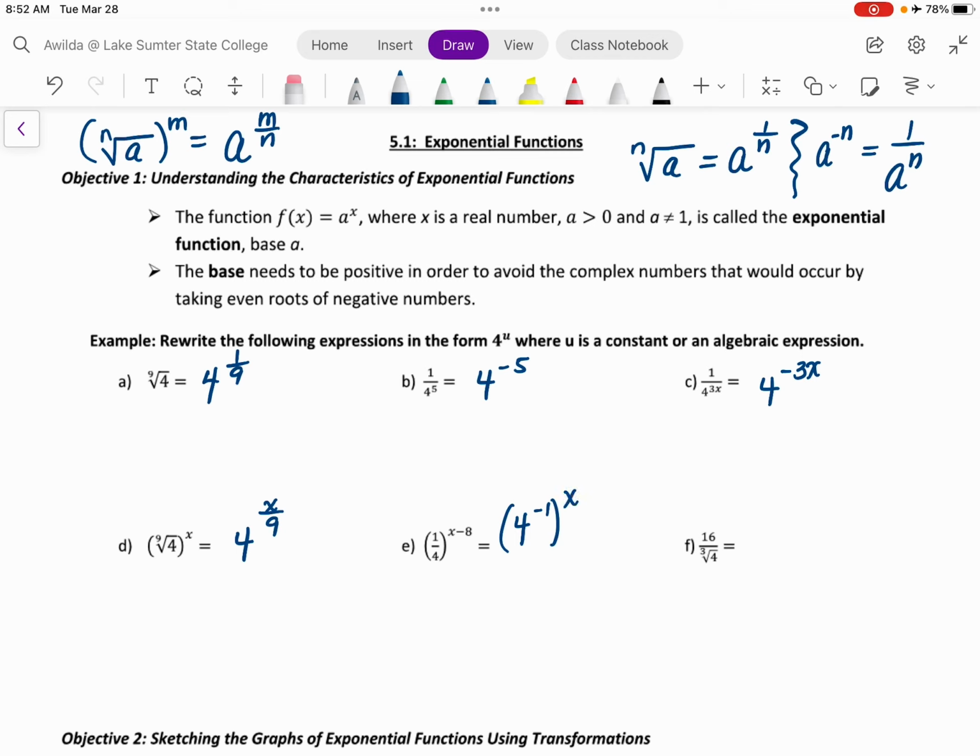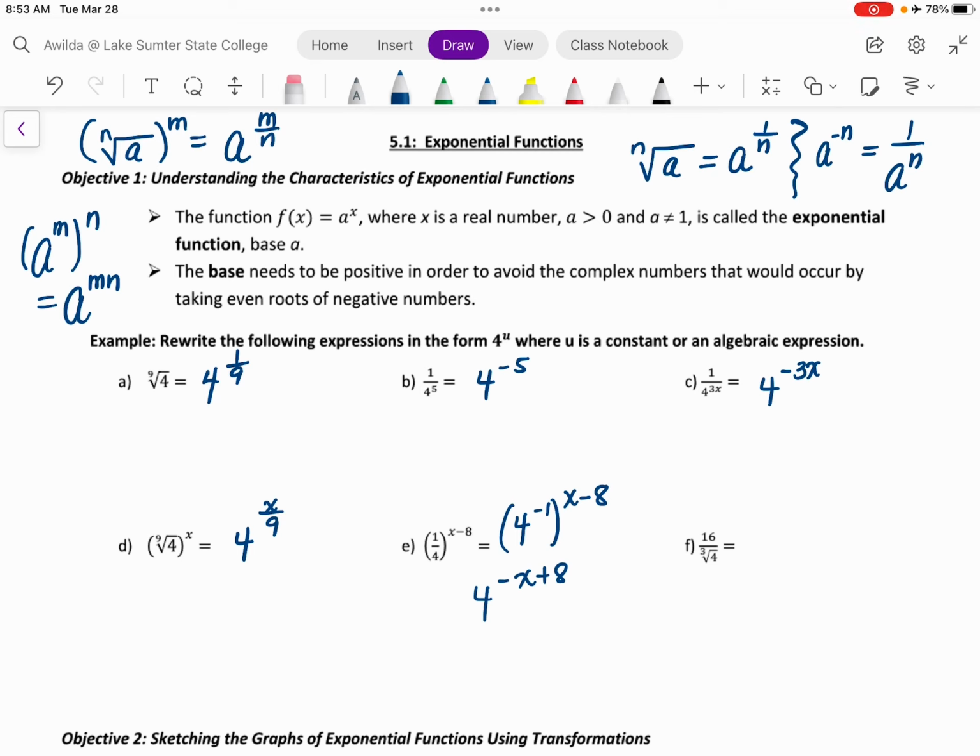Keep the same exponent for now. And then, using the power of a power rule, we will write this as 4 to the negative x plus 8. So that rule that we just used is that a to the mth power, all raised to the nth power, is equal to a to the m times n power. So we multiply exponents. In this case, negative 1 multiplied by x minus 8 becomes negative x plus 8 for the new exponent.